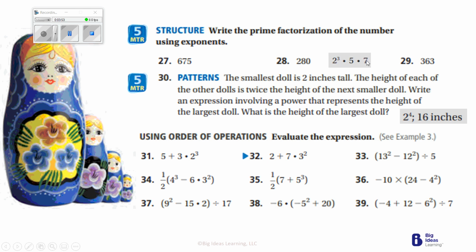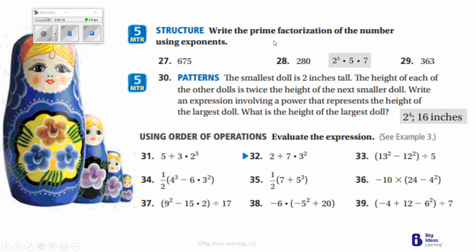Let's see why. 2 to the third power is 2 times 2 times 2, which is 8. So we're taking 8 times 5 and then multiplying it by 7. Well, 8 times 5 is going to give us 40. And 4 times 7 is 28, so 40 times 7 will give us 280.